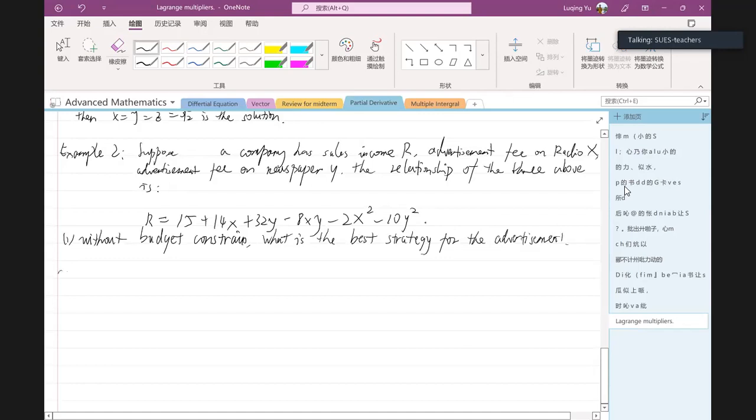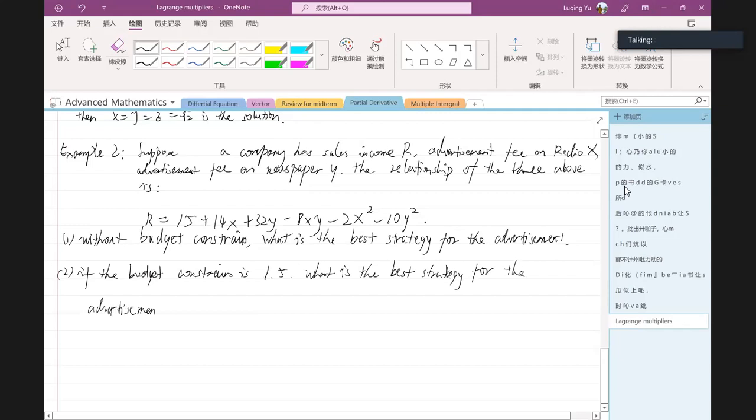And if the budget constraint is 1.5, what is the best strategy for the advertisement? Okay, here the goal is to maximize the sales.